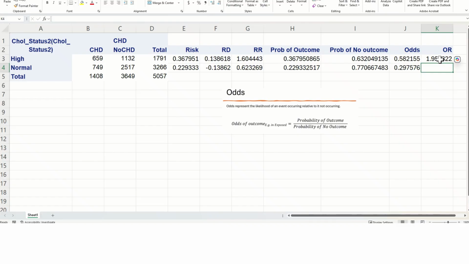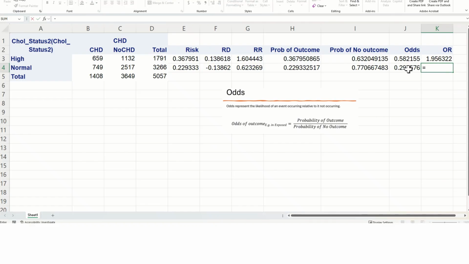And the way we interpret it is that the odds of developing chronic heart disease among high cholesterol individuals is 95.6% higher than normal cholesterol individuals, and the opposite is calculated similarly.